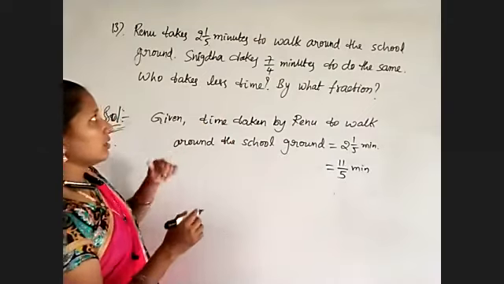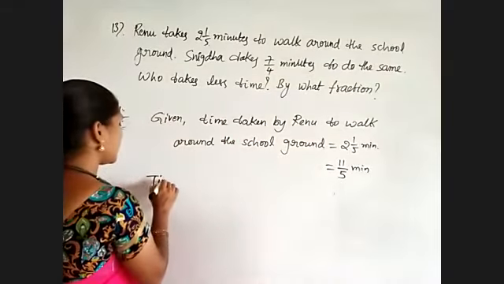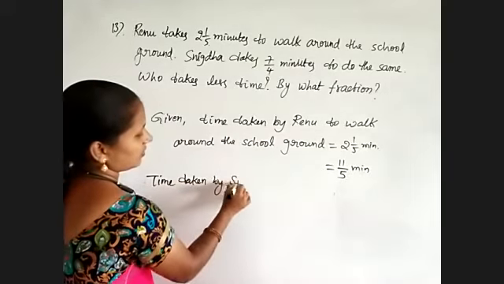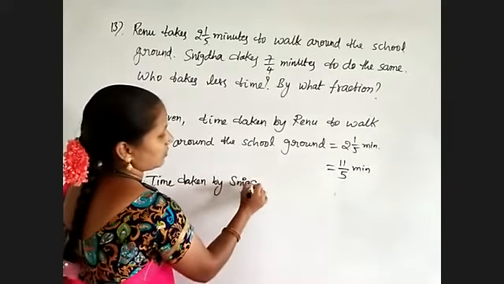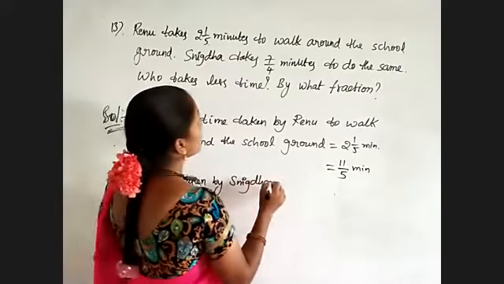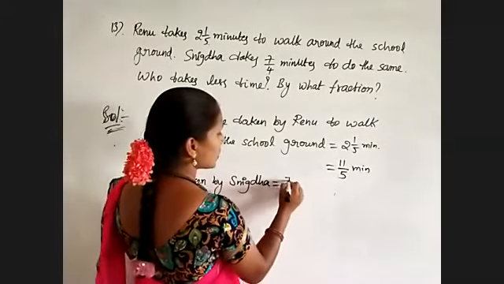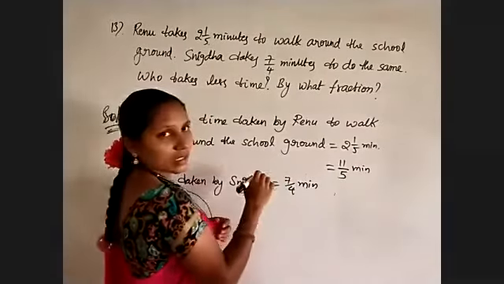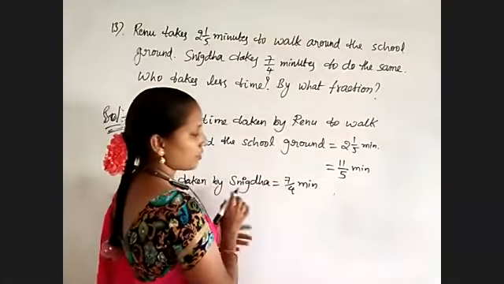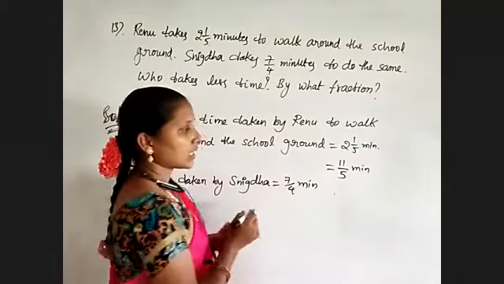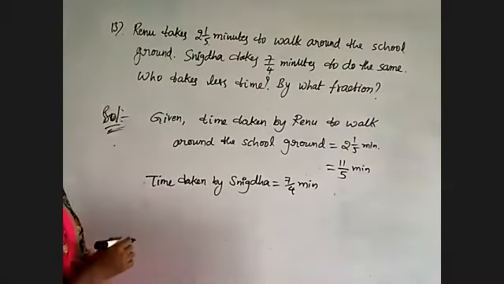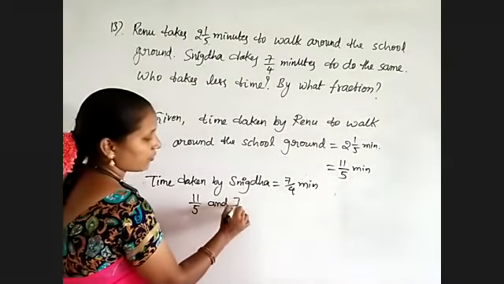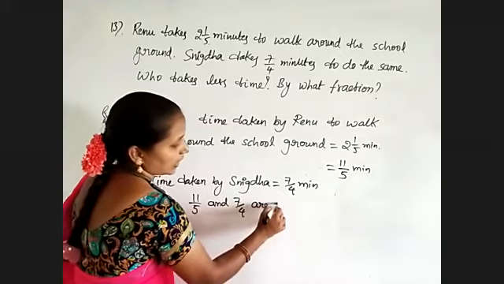And time taken by Snigdha is equal to 7/4 minutes to do the same. So I am not writing completely, just 7/4 minutes. So it is very clear that 11/5 and 7/4 are unlike fractions.